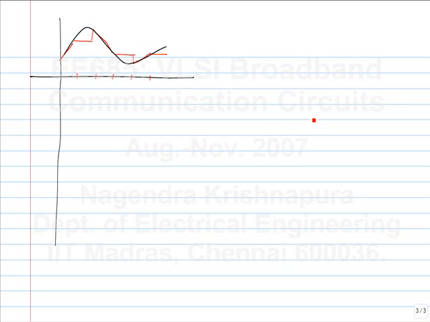So this will be the output of the first sample and hold. The output of the second sample and hold follows it here and holds it, then it follows it here and holds it, and so on. So the output of the second one basically is a constant waveform for the whole cycle in the ideal case.